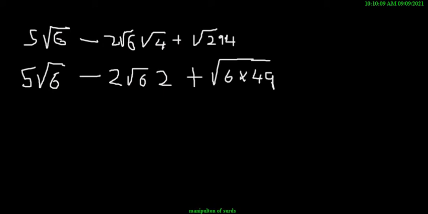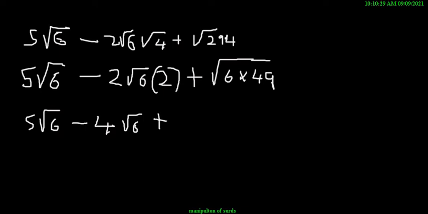6 times 49 would be 294. Then we say 5 square root of 6 minus 4 root of 6, since this is 2 times 2, that's going to be 4. And plus, the square root of 49 is 7, so I'm going to have 7 root 6.